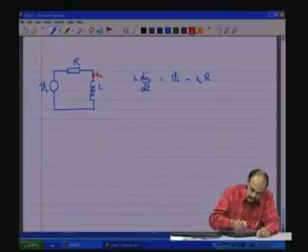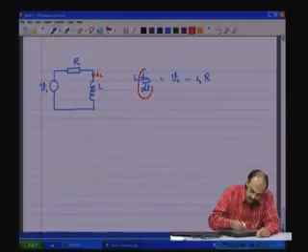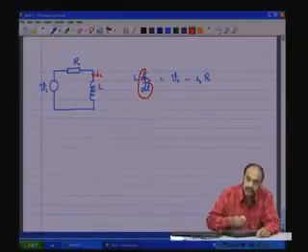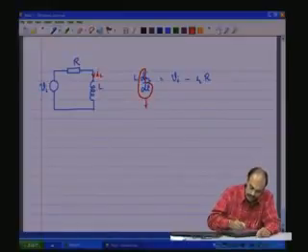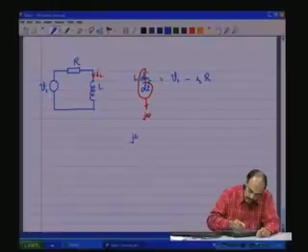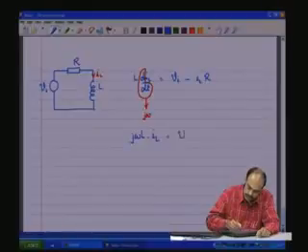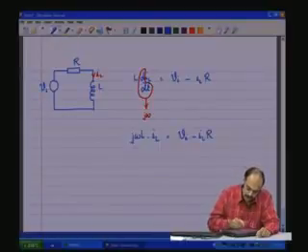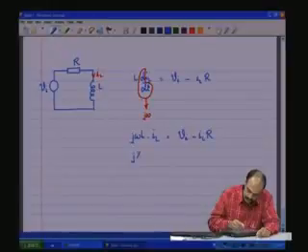So, this portion, this is the d by dt, we replace by j omega. So, what do we get? We get j omega L into IL, which is equal to Vi minus IL into R. So, what is j omega L? Nothing but jXL.